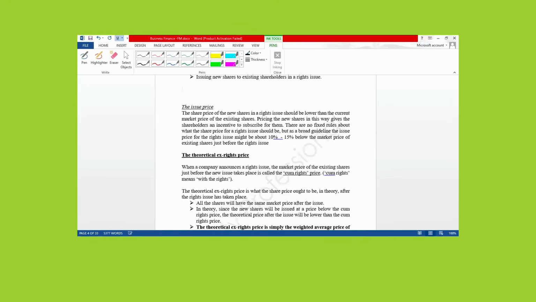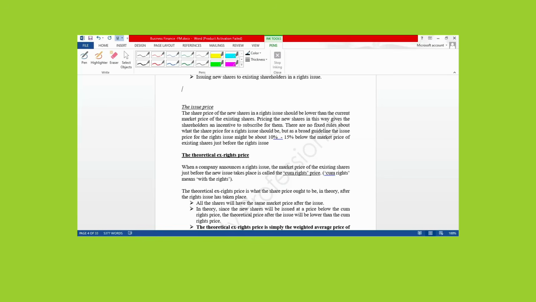When you talk of rights issue, you recall the question we solved, calculating gearing, that involved a rights issue.